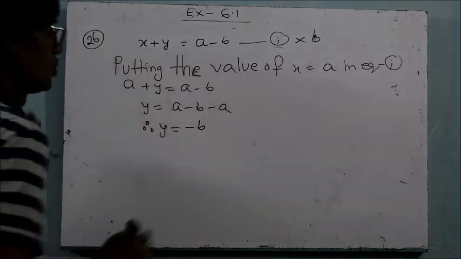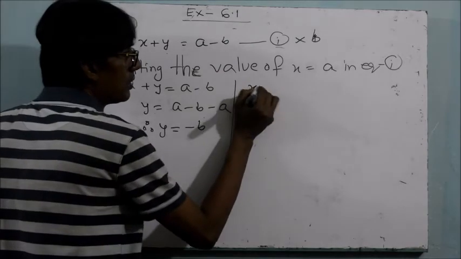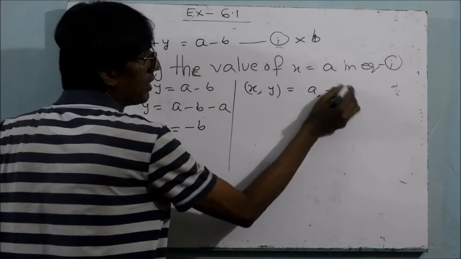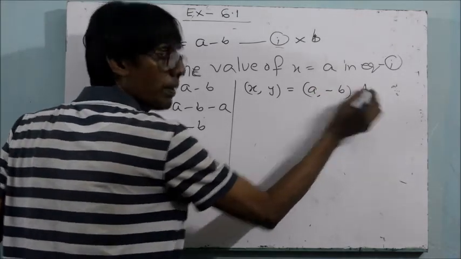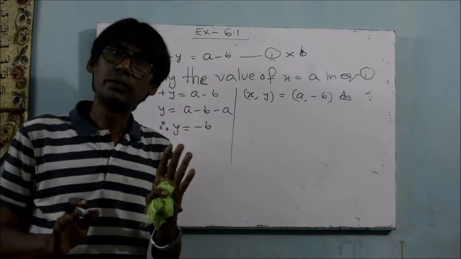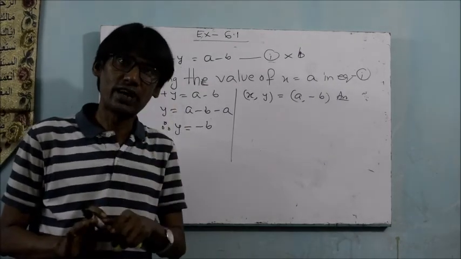So the required solution x, y equals a, minus b. Now you apply these values in both equations, and the result will be justified.